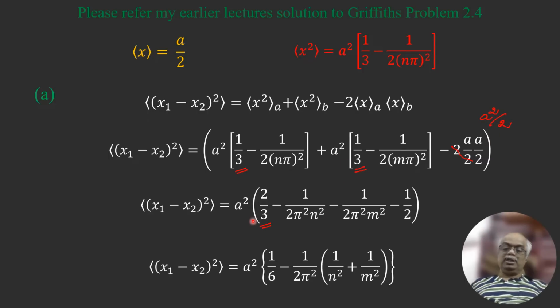Now if you subtract 1 over 2 from 2 by 3, naturally you will get 1 over 6. Then 1 over 2 pi squared is a common factor for the second and third terms, so you take 1 over 2 pi squared as a common factor. Within the bracket, this will become 1 over n squared plus 1 over m squared, with the sign changed because we have taken the minus outside.